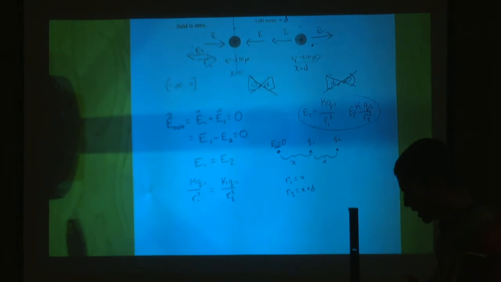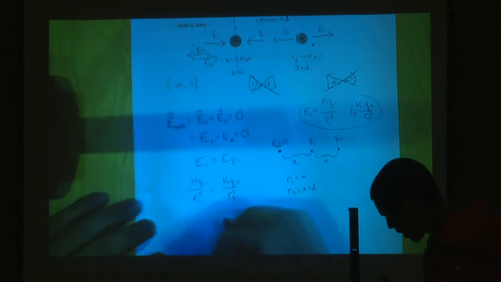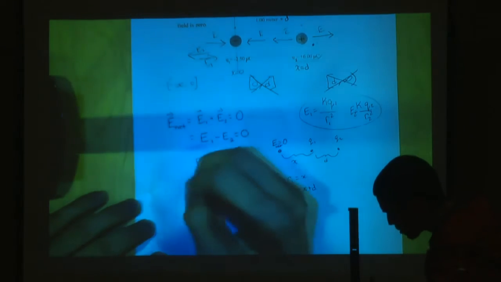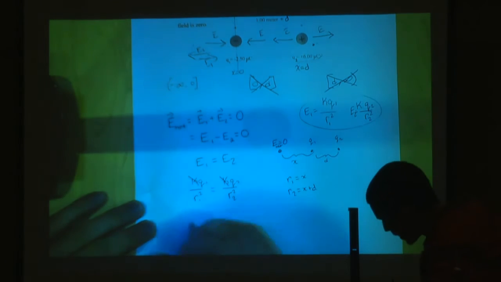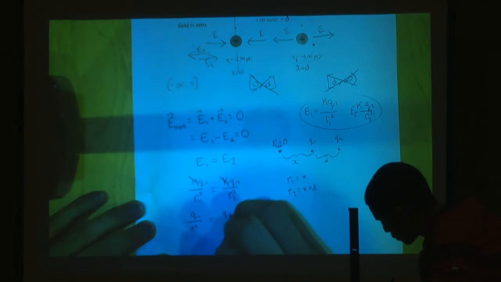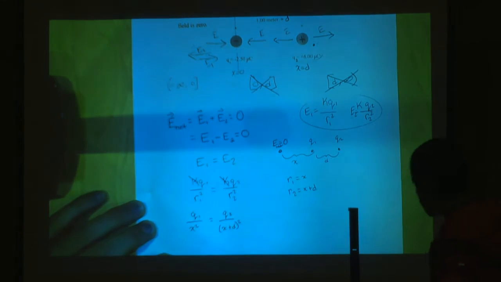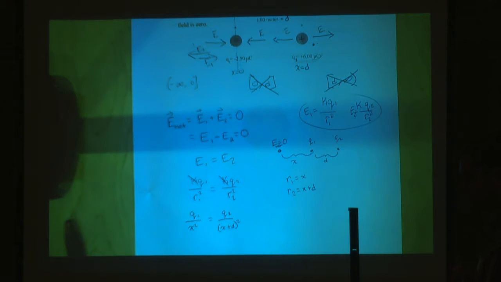But let's plug it in and see what we get. We'll have k's on both sides, so we can actually cancel that out, right? We'll plug it in, so we have Q1 over X squared is equal to Q2 over X plus D squared. Now, all we've got to do is solve for X and we have our answer, okay?